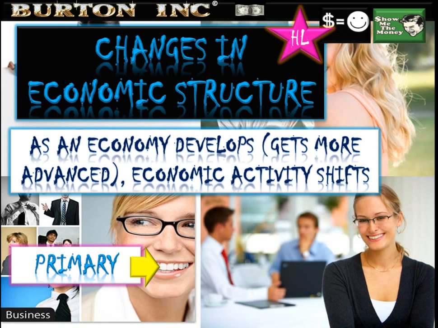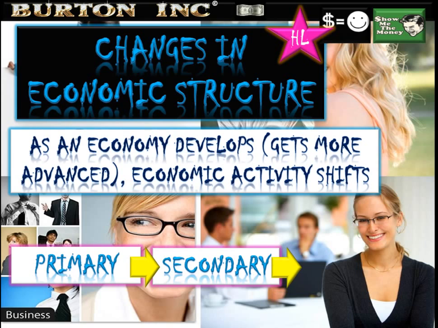Primary will still be important, but as a proportion of total economic activity, primary economic activity becomes less important as we move into secondary industry, secondary economic activity. So we've developed enough now to have factories that can process, manufacture, and construct things with our primary resources.